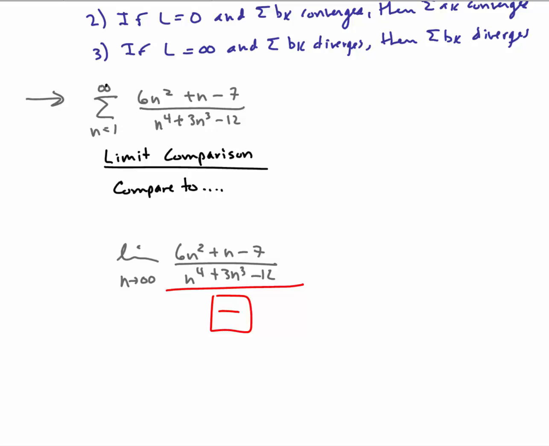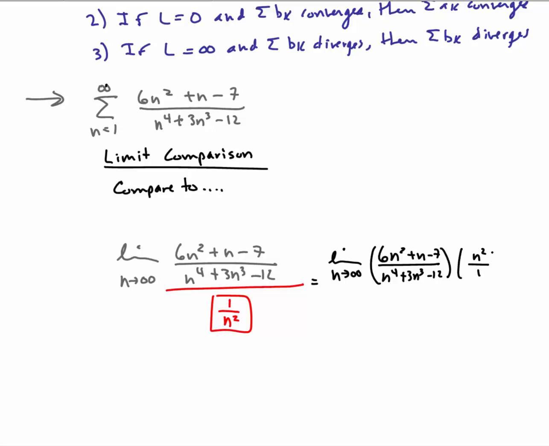Now when I look at these, I always think about using my shortcut rules, the degree in the numerator and the degree in the denominator comparison. Well, if I think about this as 1 over n squared, that flips up top. So I'm left with 6n squared plus n minus 7 all over n to the 4th plus 3n cubed minus 12.